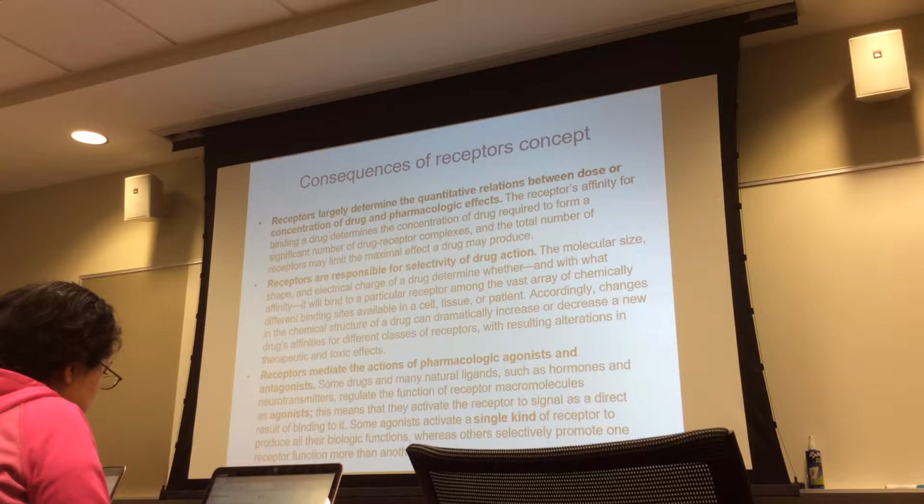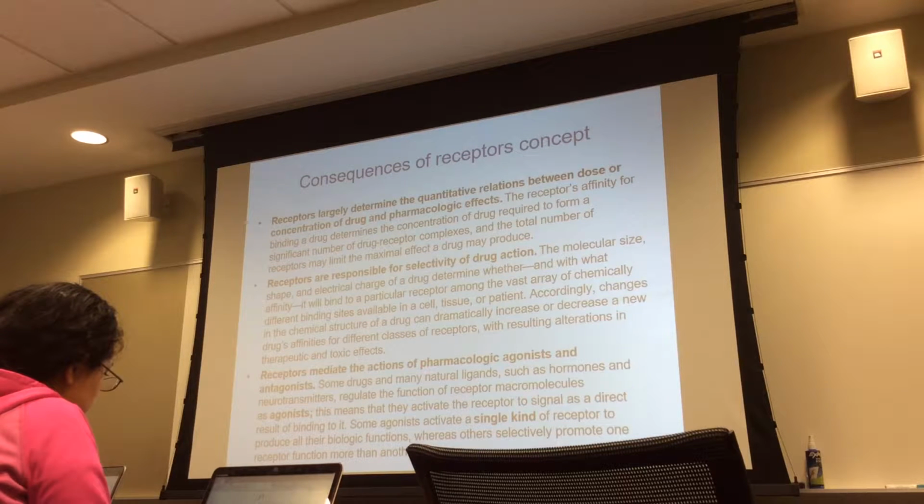Selectivity is decided by the molecular size of the drug, the size or three-dimensional configuration of the receptor, and also the charge of the drug. Some receptors have positive or negative moieties that bind to oppositely charged drugs, so a positive drug is very unlikely to bind to a site in a receptor that is also positive.